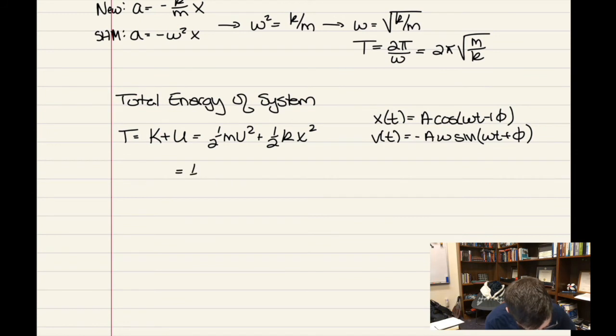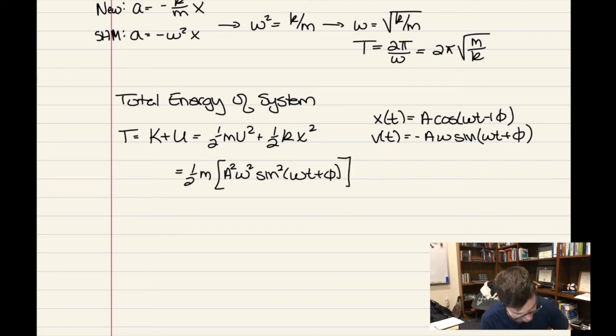So then, math away. 1/2 m v squared then is a squared omega squared sine squared of omega t plus phi, plus 1/2 k x squared, so that's a squared cosine squared of omega t plus phi.